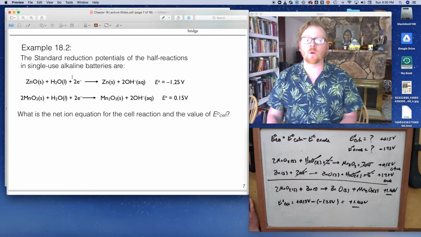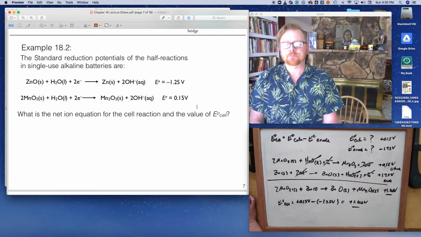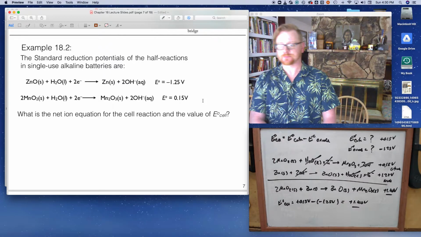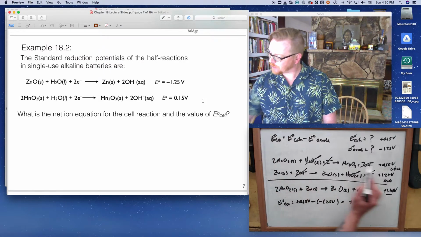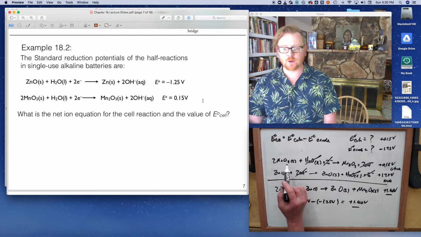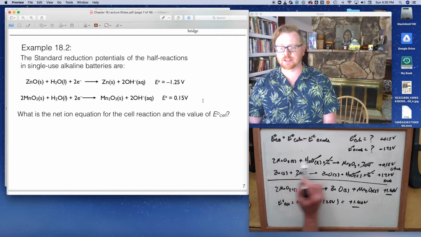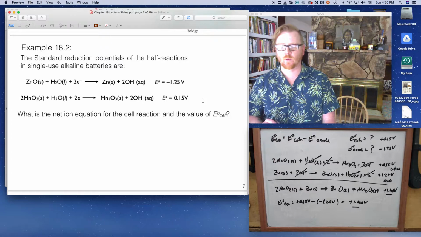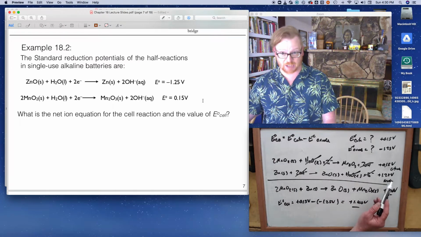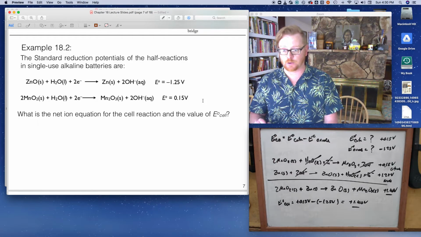And also, if you recognize that the cathode has to be the reaction with the larger positive potential, then I kept that reaction written as is, okay, with the manganese oxide, written as a reduction, positive 0.15 volts. And then I recognized I had to flip the zinc reaction. That's going to make the anode.